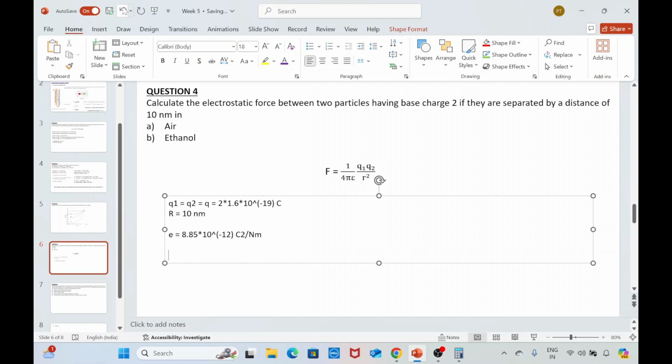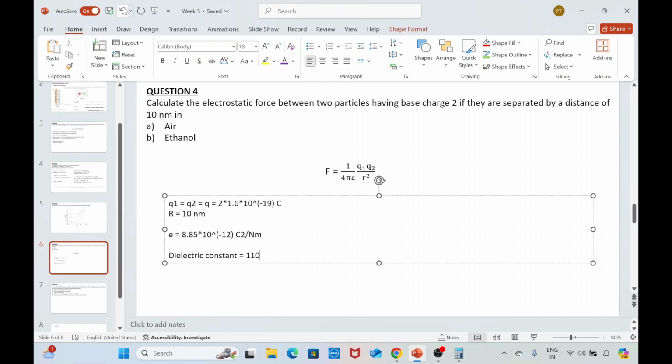In case of ethanol, you need to know the dielectric permittivity of ethanol. Since you know how to calculate the dielectric permittivity of the medium using the dielectric constant and the dielectric permittivity of air, I am just going to give the dielectric constant value as 110.